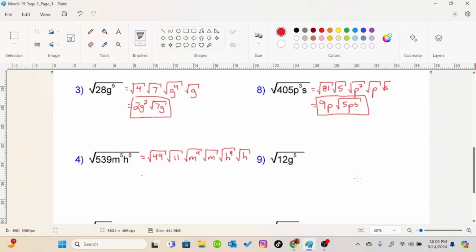The square root of 49 is 7. The square root of m to the fourth is m squared, and the square root of h to the fourth is h squared. And then we can combine the 11mh under the radical. And our final answer is 7 times m squared times h squared times the square root of 11mh.